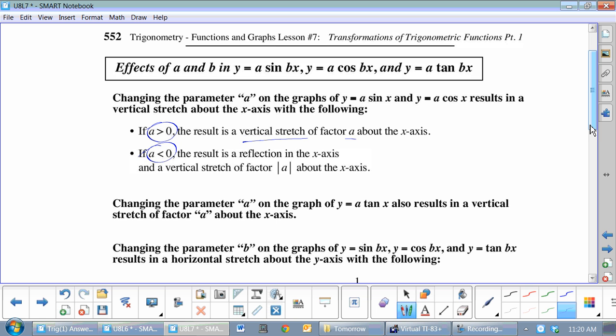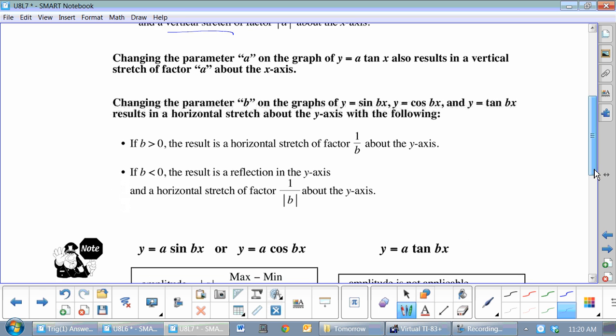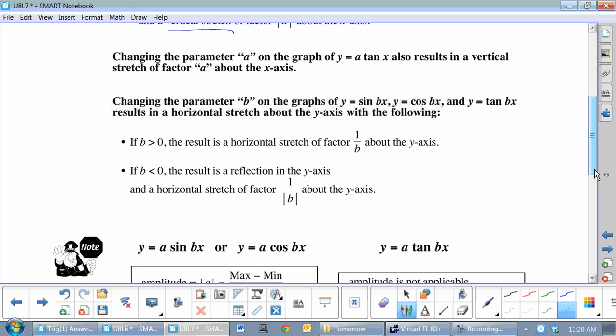And Wiley just did one with the B, but it has to be a reflection and a vertical stretch. A being less than 0 means it's negative, so there's two things going on there. Now, we're going to learn more about B, but B, as we know, is your horizontal stretch.